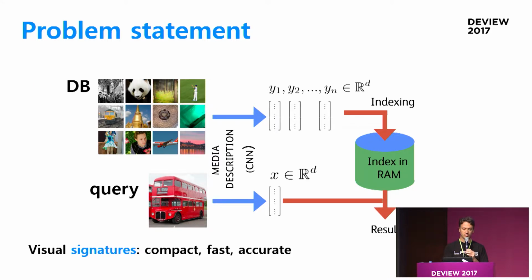Typically, we want this database to lie in the RAM of the machines for speed, because if you put it on the disk, then typically the search phase will be very slow. Then when you're provided with a query, you compute similar descriptors, which will be denoted X in this case, and here you perform some sort of comparison.